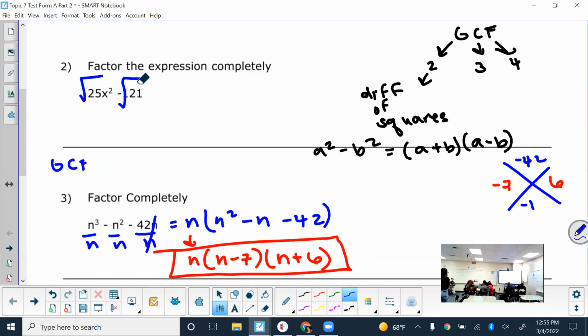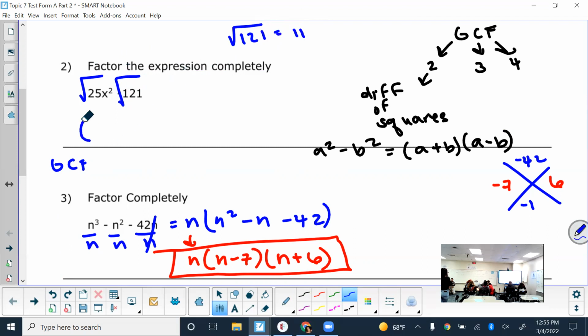Yes. And if you weren't sure about 121, guess what you get to use on the test? A calculator. All calculators have a square root button. You just press it, type in 121, and it'll tell you that the square root of 121 is 11.